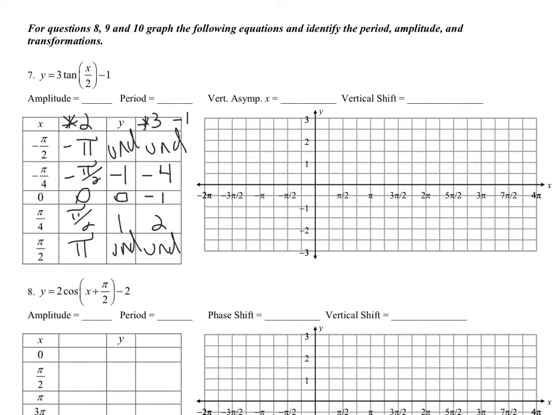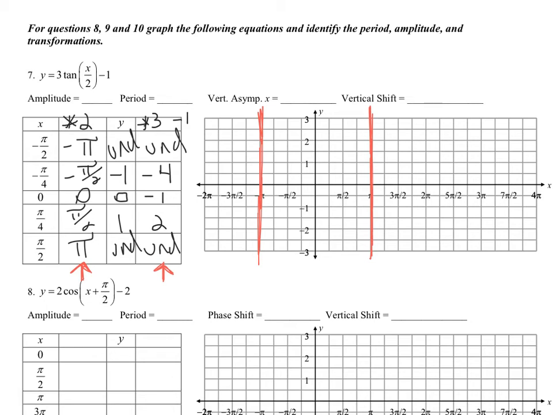So we're actually graphing this line of angles and this line of tangent values. So we're going to put in our asymptotes first. So we have an asymptote at negative pi and one at pi. And then we're going to put in our points. So at negative pi over 2, we have negative 4.